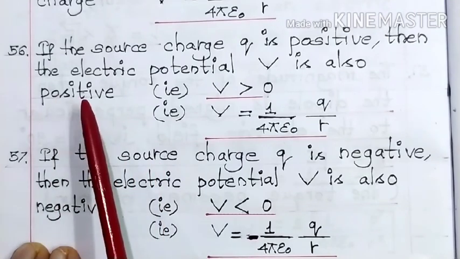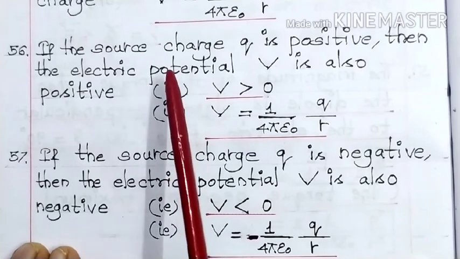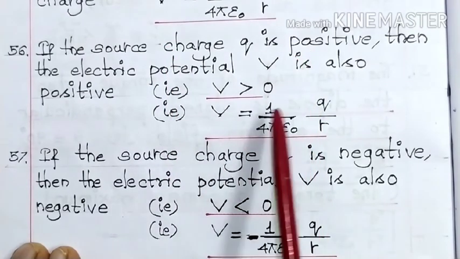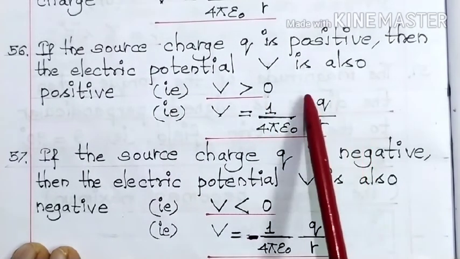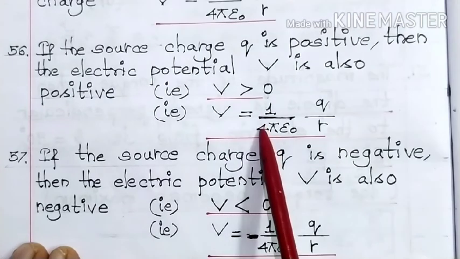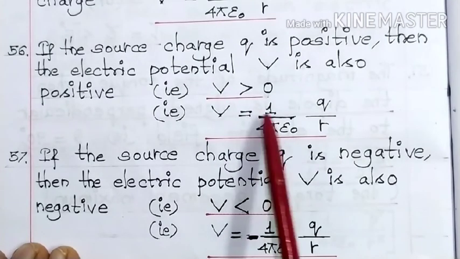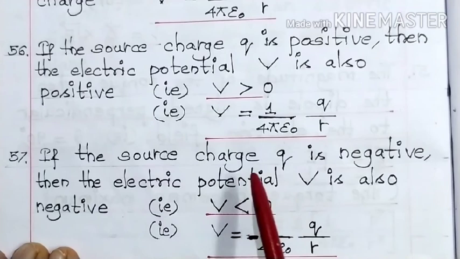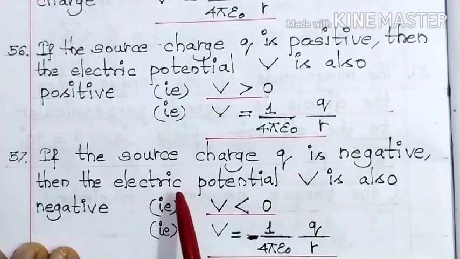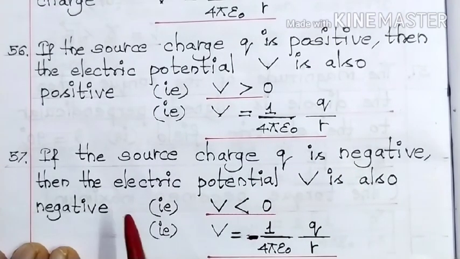If the source charge is positive, then the potential is also positive, and the expression for potential comes as positive. If the source charge is negative, then the electric potential V is also negative, and the expression for potential comes with the minus sign.